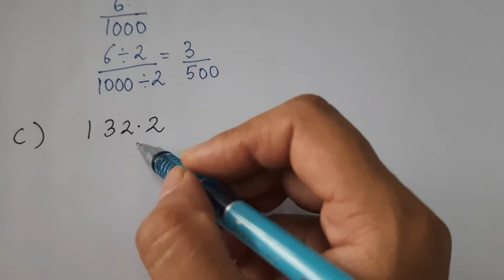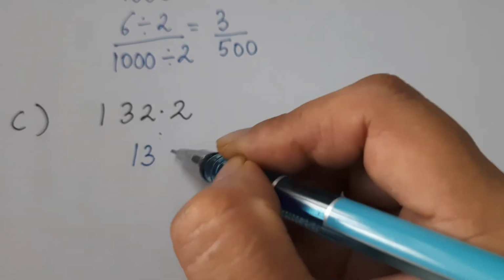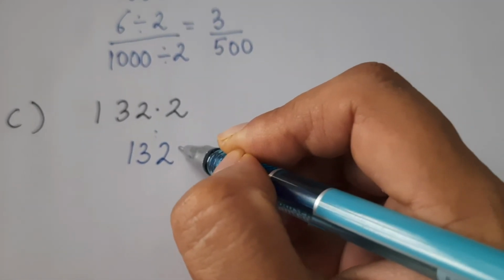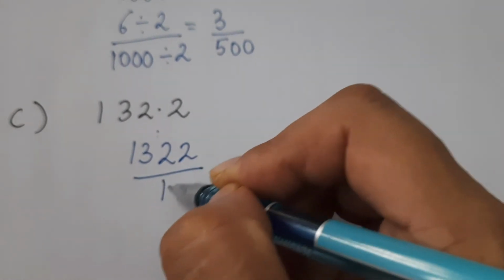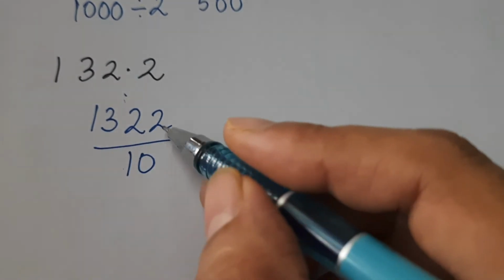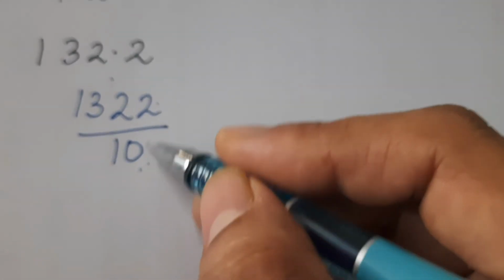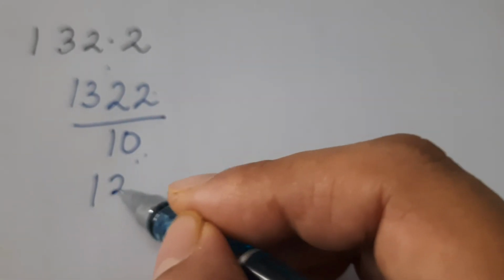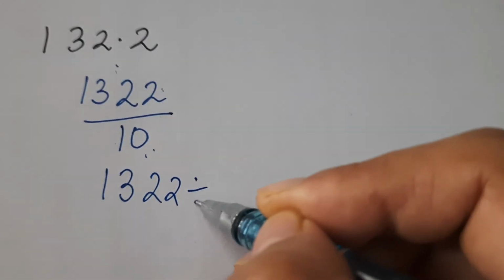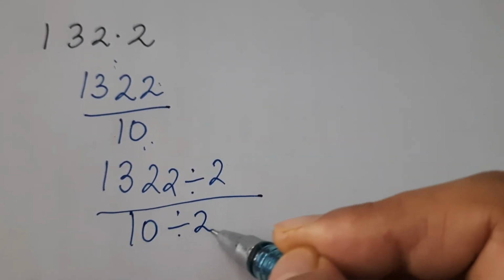C part is 132.2. First of all, convert it into a fraction. This will be 1322 upon 10. Now we have to reduce it to the lowest form. See, both are even numbers, so both are divisible by 2. So we will divide the numerator and denominator by 2.